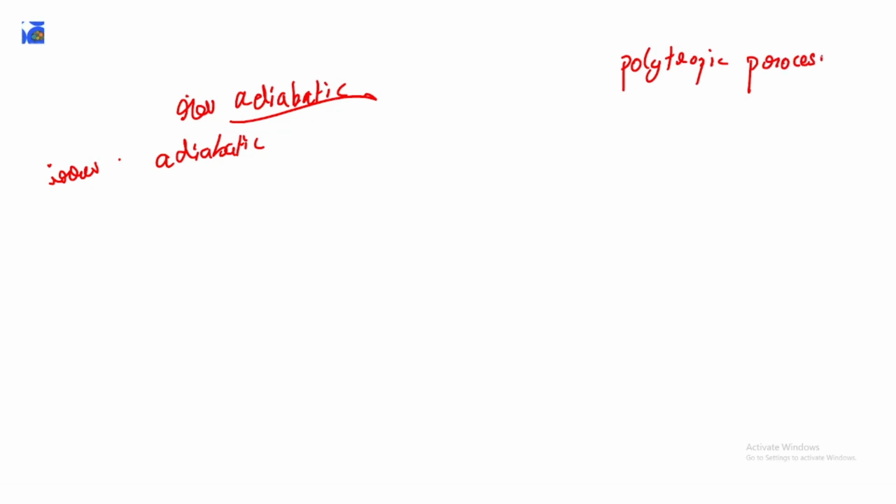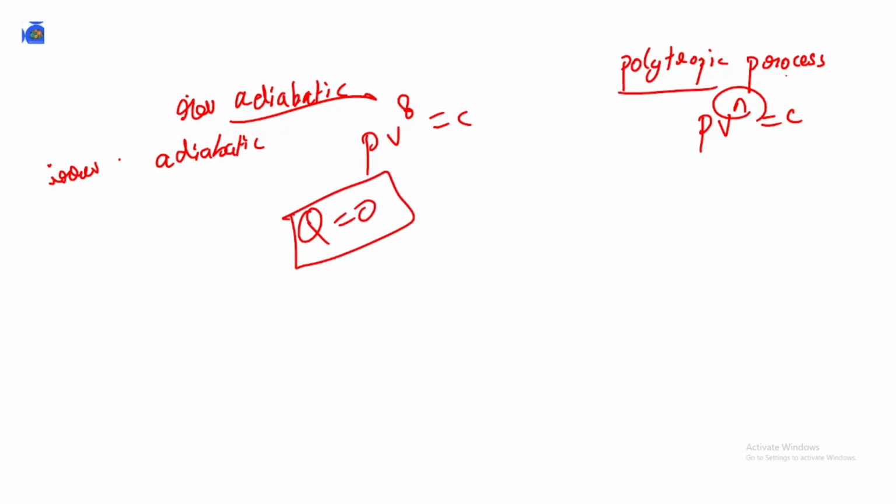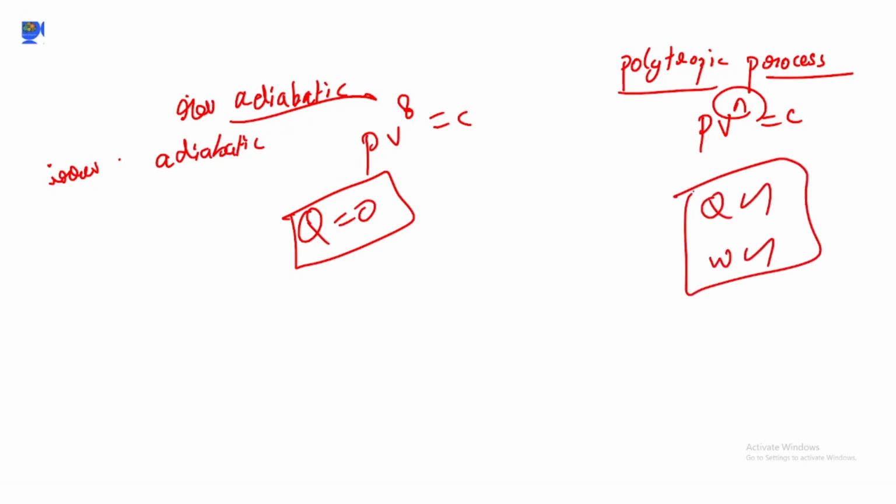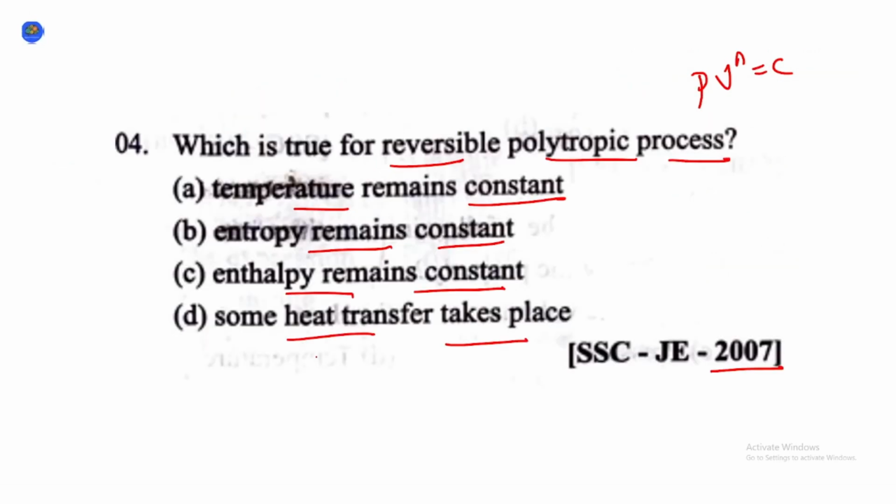For the adiabatic process, you will have PV^gamma equal to constant, whereas for this one you have PV^n equal to constant, where this n is nothing but your index. In adiabatic process, Q is equal to zero because of the insulated condition. But in the case of polytropic process, it is a real process where both heat transfer and work transfer will definitely take place. So in that case, I can say that option D would be the correct one because some heat transfer definitely takes place.